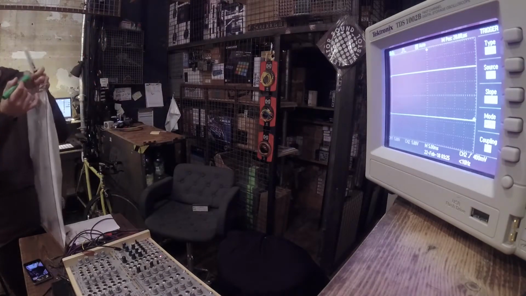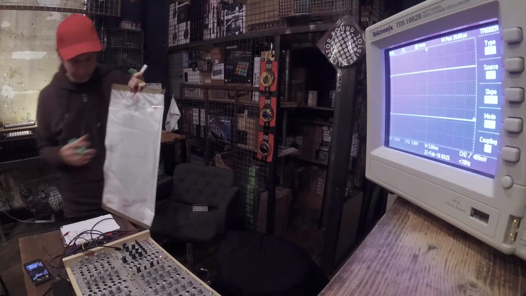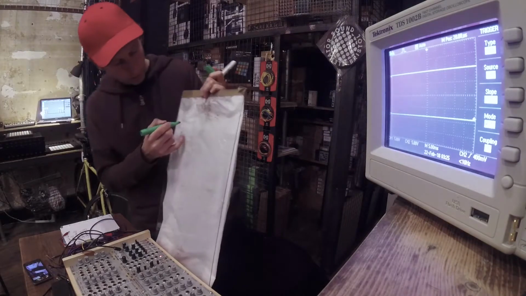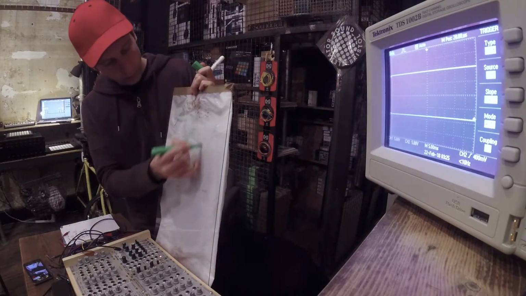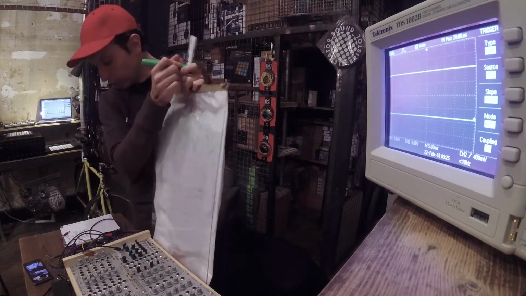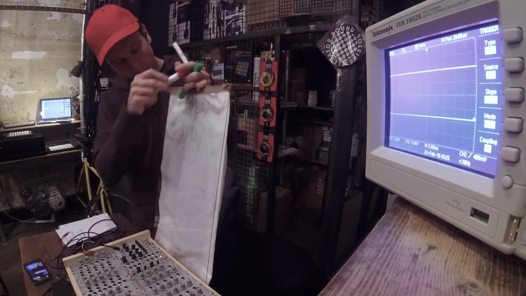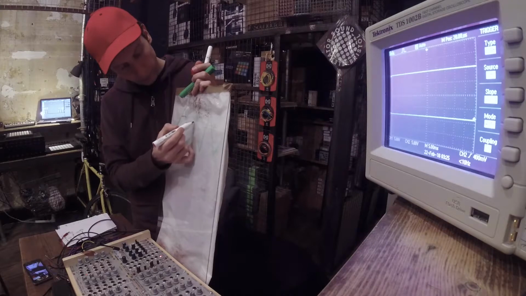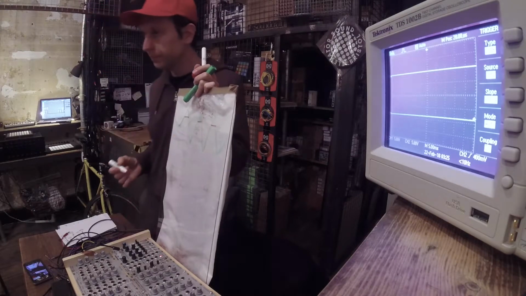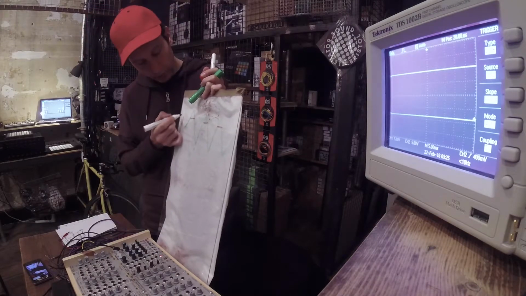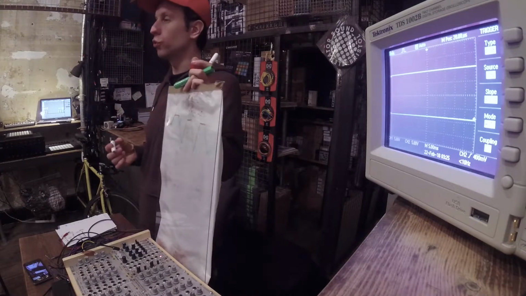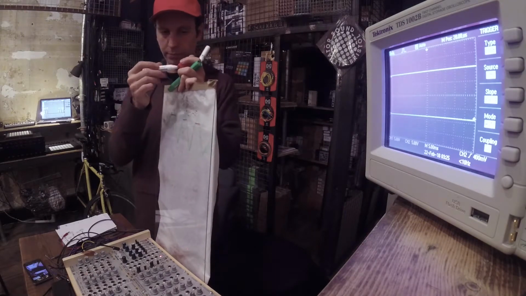Okay, so we start with the triangle wave. And what we want is to clip it like that. And what we want as well is to be able to control the clipping level. Any ideas?